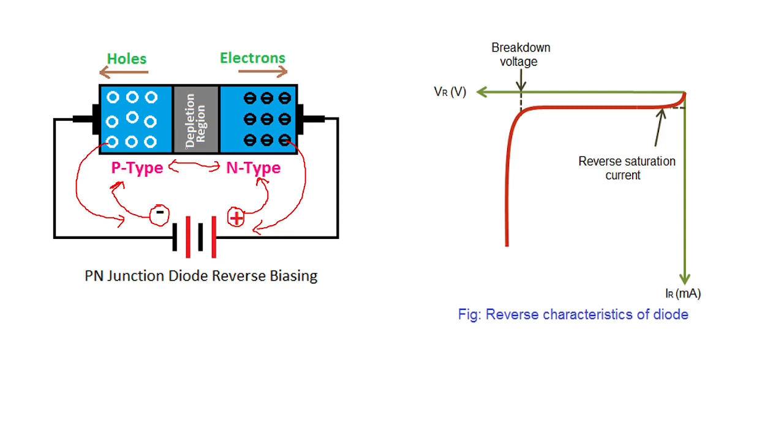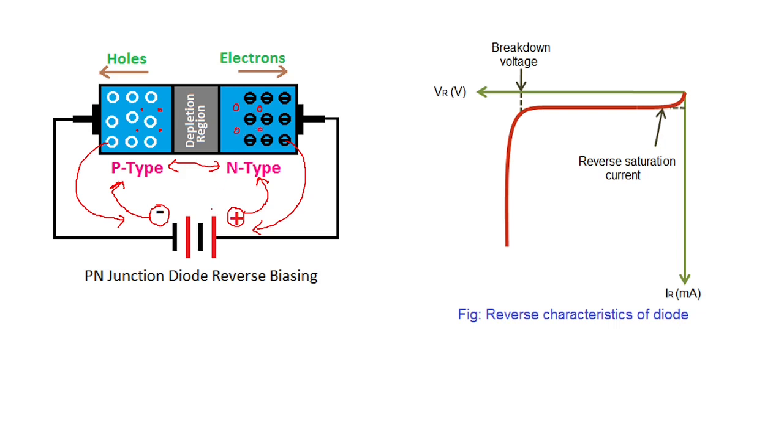Now, if you remember the minority charge carriers, in p-type semiconductor, electrons are minority charge carriers. So here you can show some electrons which are minority charge carriers, which are negative charge particles. Similarly, in n-type semiconductor, holes will be minority charge carriers, which are positive charge particles.